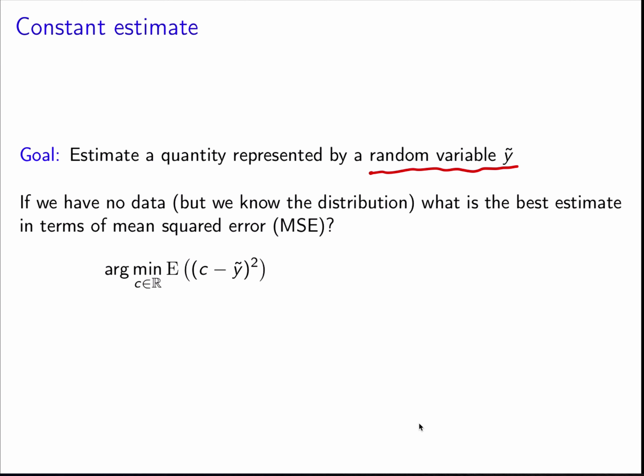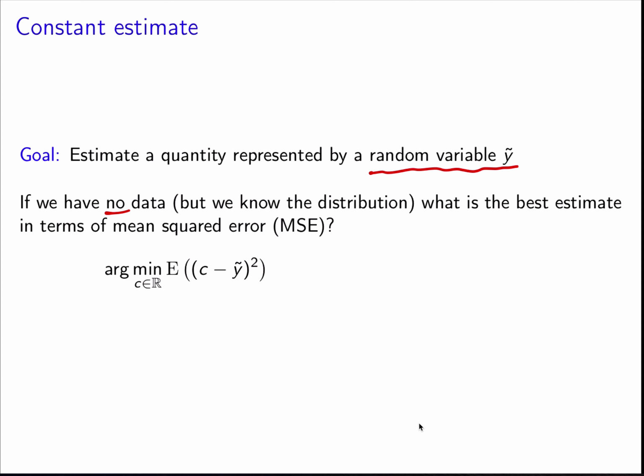But before doing that, let's consider a much simpler question where we have no data, but we do know the distribution of y, which we would estimate from maybe multiple observations of y. And we wonder what is the best estimate in terms of mean squared error.